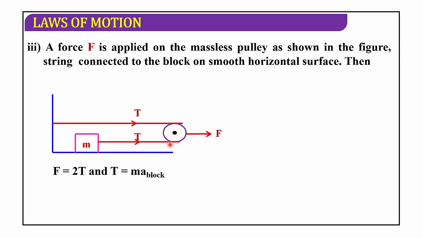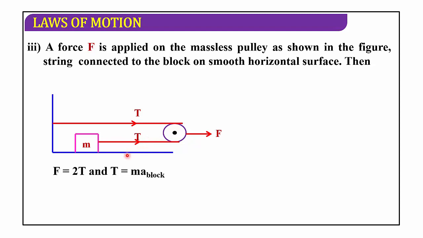The string is connected to the block. This is a block of mass M. This block is kept on the horizontal surface. Remember, this block is connected to this frictionless, massless pulley, meaning this pulley has negligible mass. It is connected to the string on this horizontal surface.